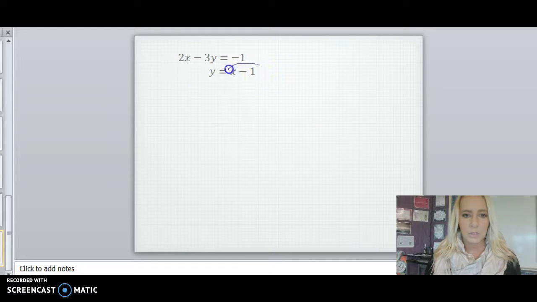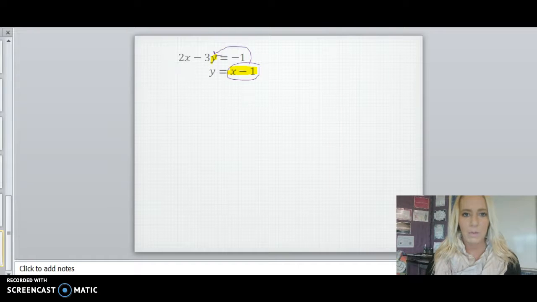We're going to substitute x minus 1 for y in the first equation, and this will help us to solve for x. So I'm going to plug in x minus 1 for y, since y is equal to x minus 1.